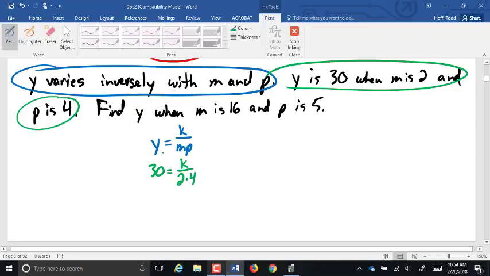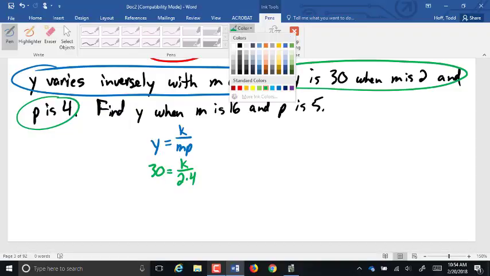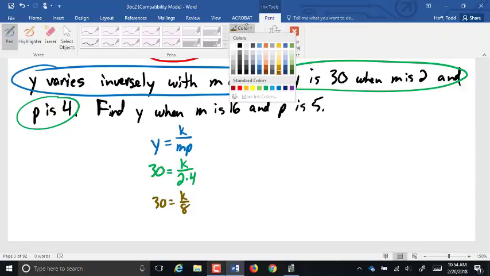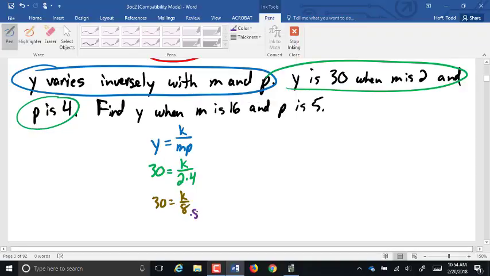Perfect. We put 30 in for y, we put 2 in for m, and 4 in for p. So 30 equals k over 2 times 4. So 30 equals k over 8. Multiply by 8. 240 equals k.